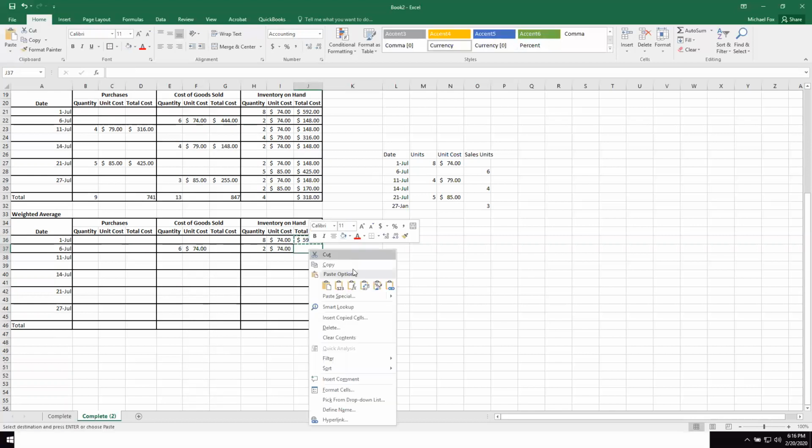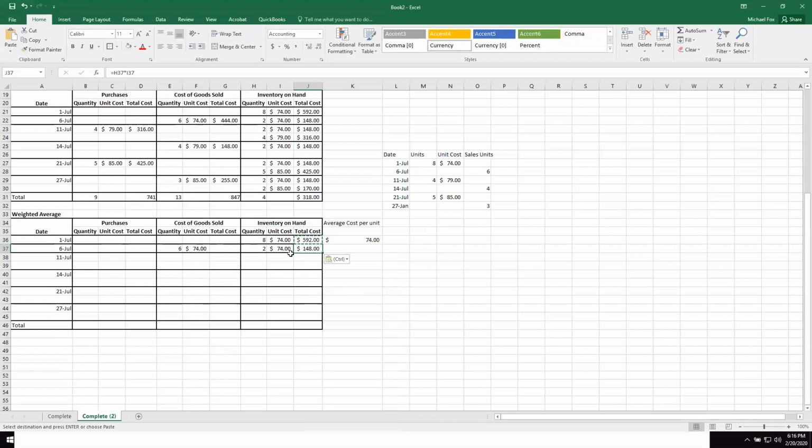Same thing, $148. So if we want to do the average cost, we would just say total cost divided by quantity. And of course, it's going to be 74 at this point because that's the only units we're dealing with so far. All right. But now it'll get a little more complicated.